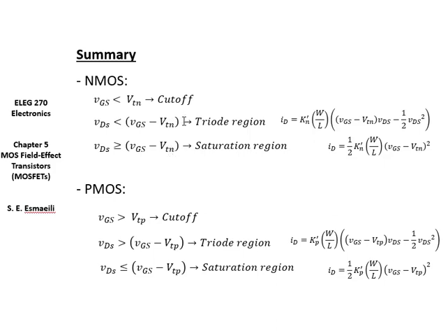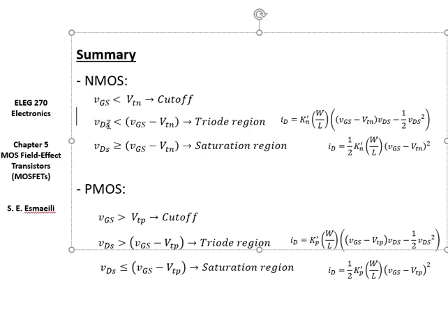The active mode, they also call it the triode region. Okay, so triode is the counterpart for active in BJT. So if VGS is bigger, it's either in triode or saturation. How do we know? We check VDS after that.